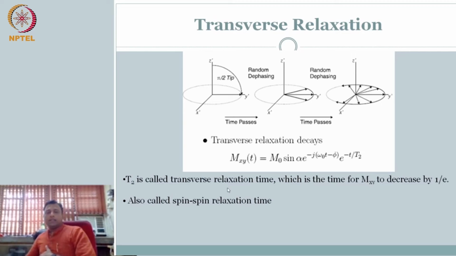So T2 is called the transverse relaxation time, which is the time for Mxy to decrease to 1 by e. This is also called the spin-spin interaction relaxation time. Just to be clear, T2 has to do with neighbor spin-spin interaction.